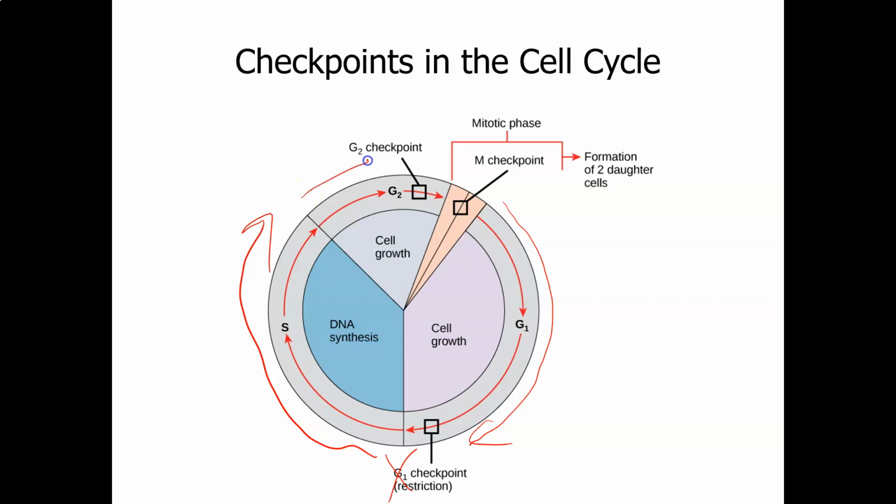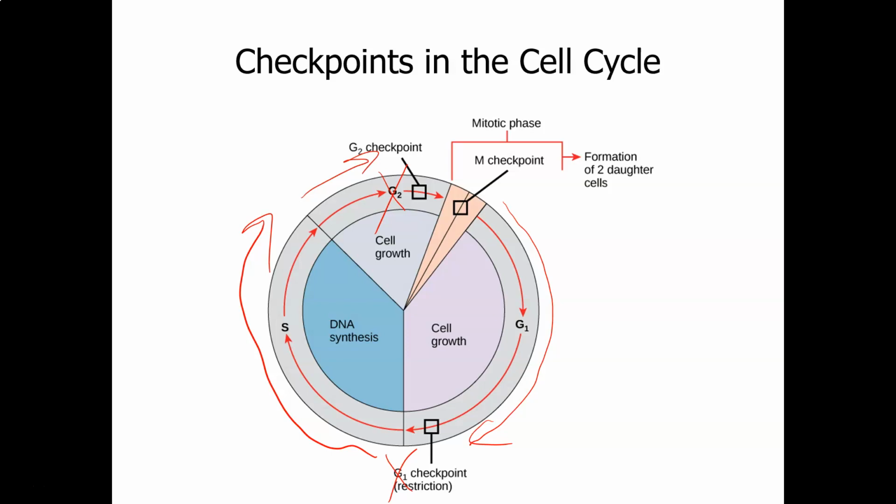During this stage, the cell may grow a little bit more and it may produce some of the proteins necessary for cell division, like the spindle microtubules. But if at that G2 checkpoint everything's not the way it should be, then mitosis will not occur. Okay, so cell division will be stopped here.